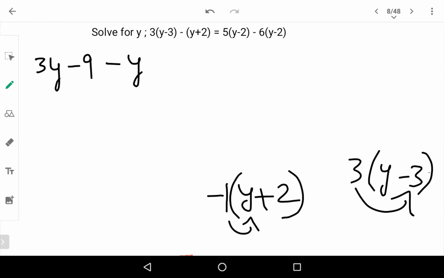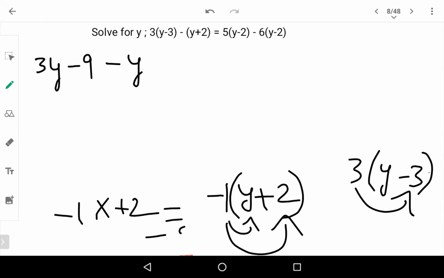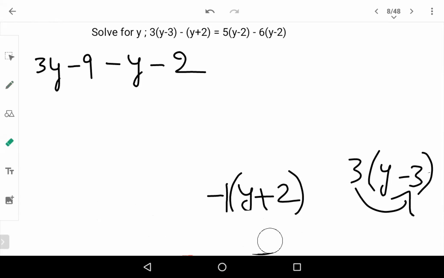Next, minus 1 into plus 2. Minus into plus is minus. 1 twos are 2. So minus 2. Understood? Minus 1 into y is minus 1y, and minus 1 into 2 is minus 2.